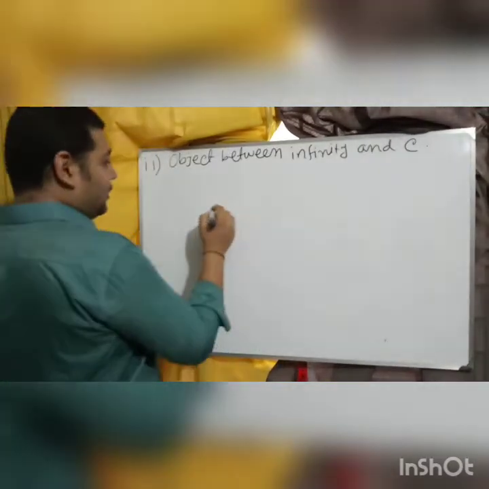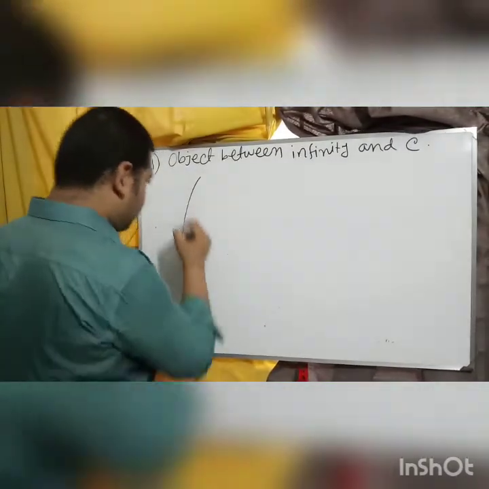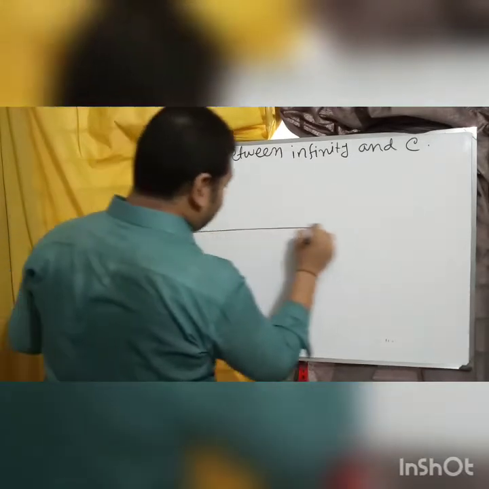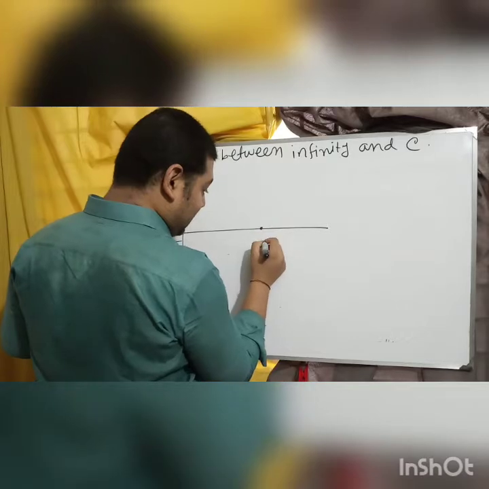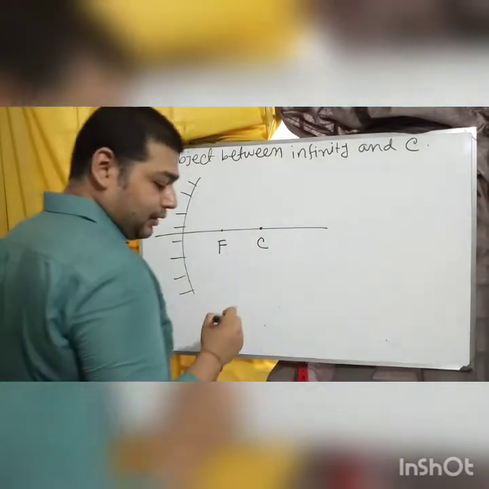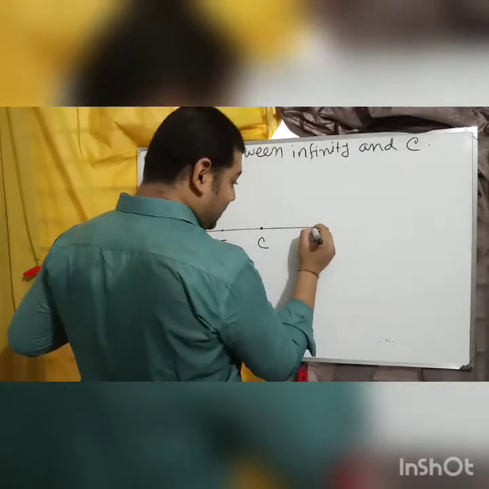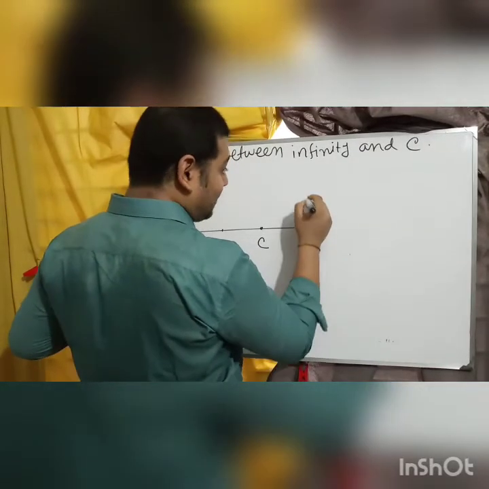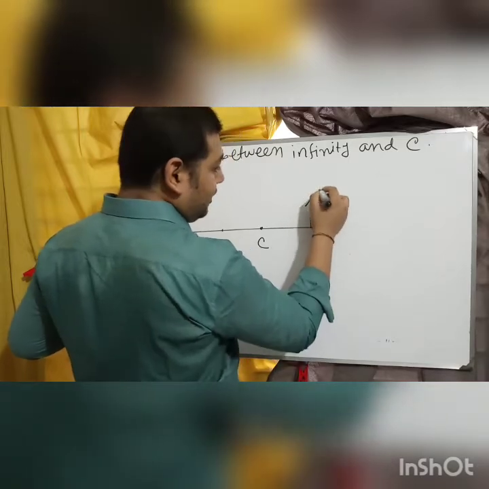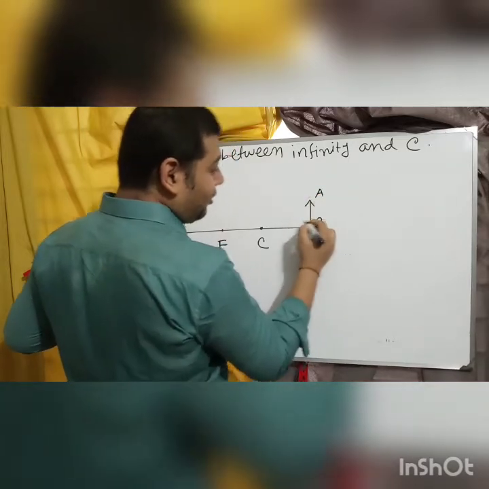So here we also have a concave mirror. This is our center of curvature, this is the focal point, and our object is at that point. AB is our object.